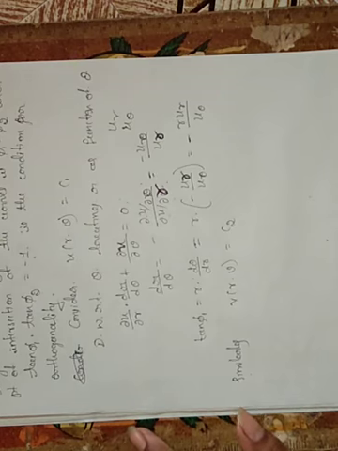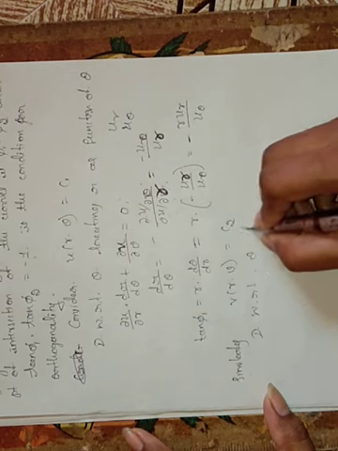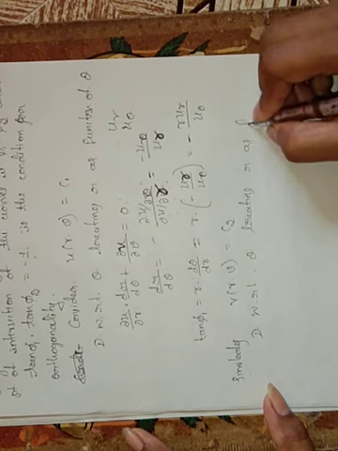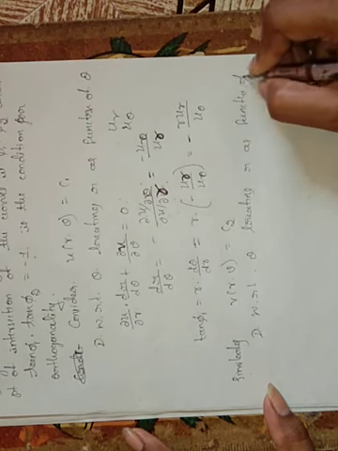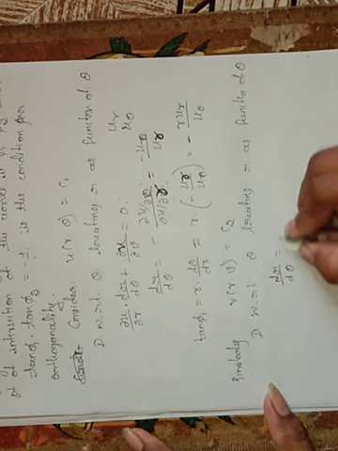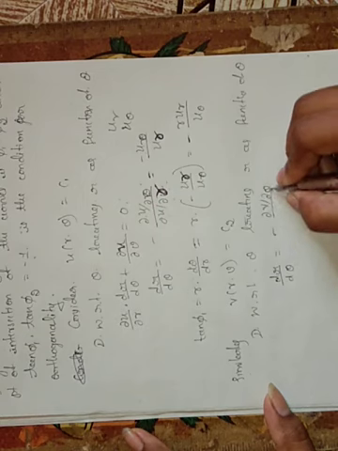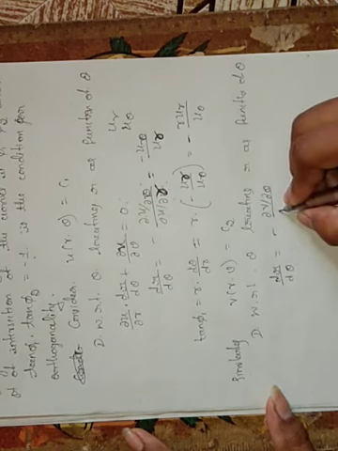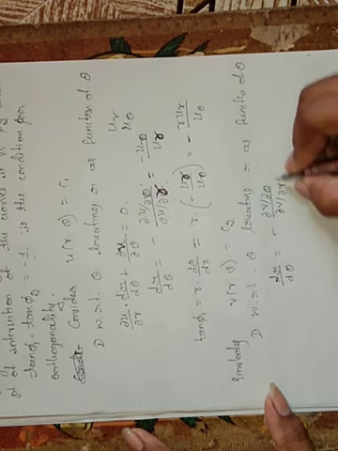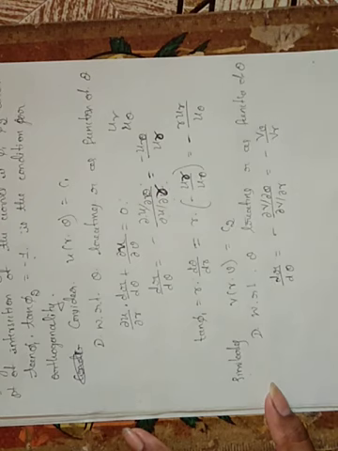Differentiating with respect to theta, treating r as a function of theta, we get dr by d theta equal to minus dou v by dou theta divided by dou v by dou r, that is minus v theta divided by vr.